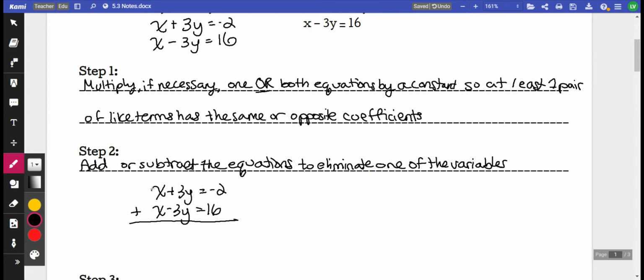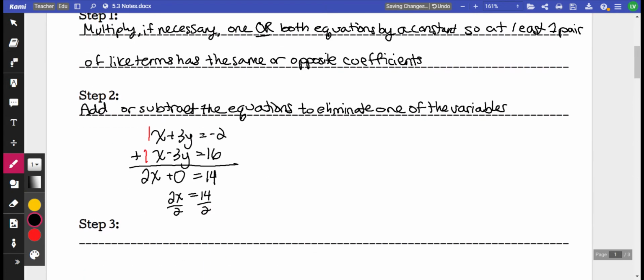If you want, you can put an imaginary 1 in front of both your x's. 1x plus 1x equals 2x. Positive 3y minus 3y becomes plus 0, equals -2 plus 16 is 14. The left side simplifies to 2x equals 14. Divide both sides by 2. You get that x equals 7.